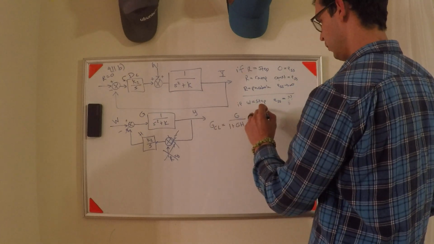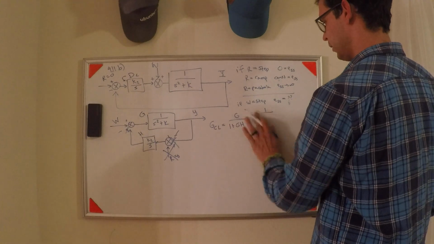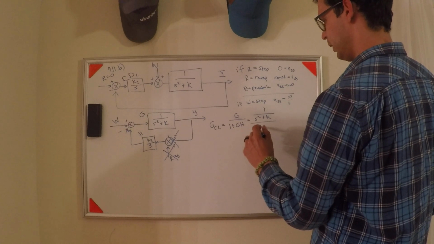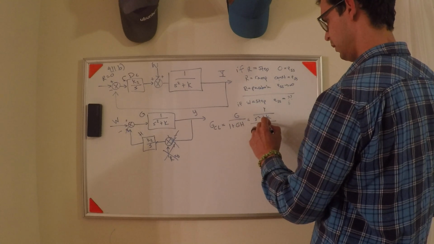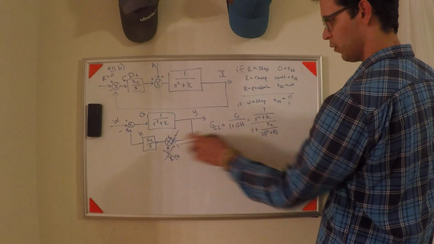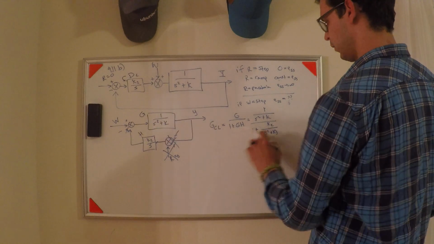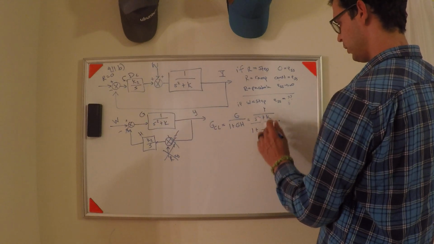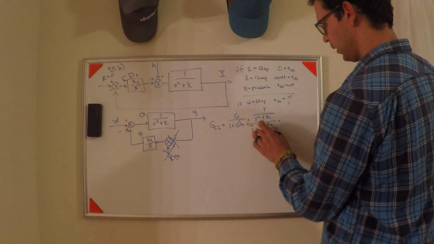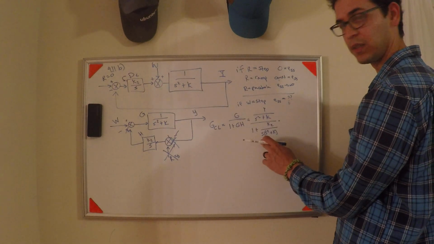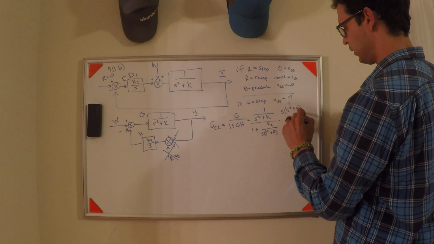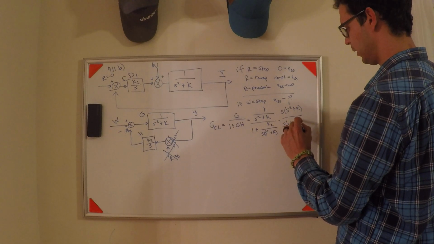So I get 1 over S squared plus K over 1 plus G, which is K2 over S, S squared plus K. The K2 over S is the H part, and the 1 over S squared is the G part. When I multiply the top and bottom, this is where things get kind of weird. The denominators are actually different, so to get rid of the improper fraction, I have to multiply by S squared plus K.